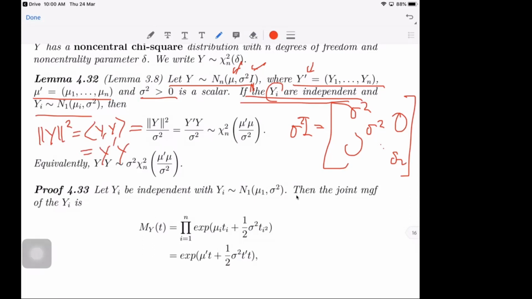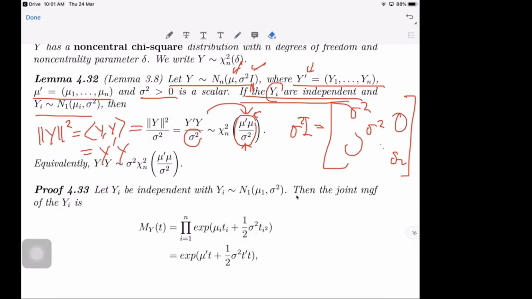So y prime y over sigma squared is chi-square distributed, and the non-centrality parameter is mu prime mu over sigma squared.